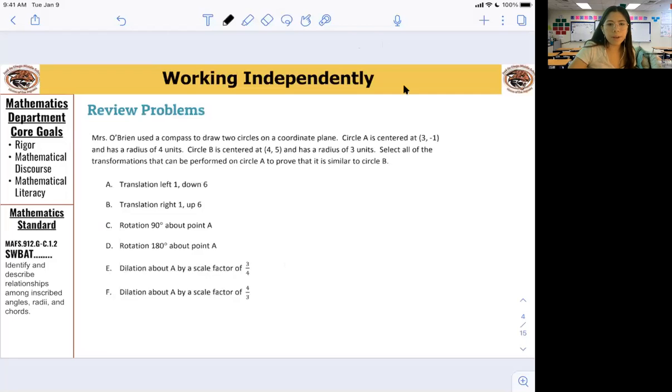Okay, so we have answers all over the place, but the most popular responses were E and B. Now let's talk through them because I definitely see some misconceptions we got to talk about. So let's take a look. First of all, where am I going? A to B or B to A?